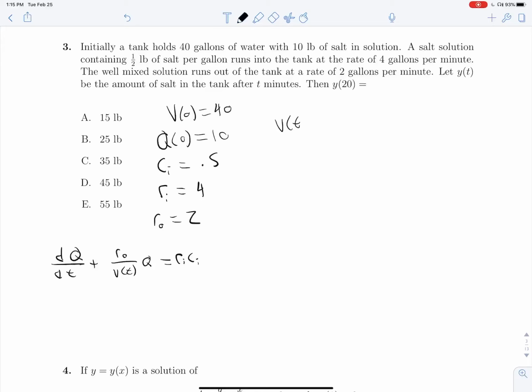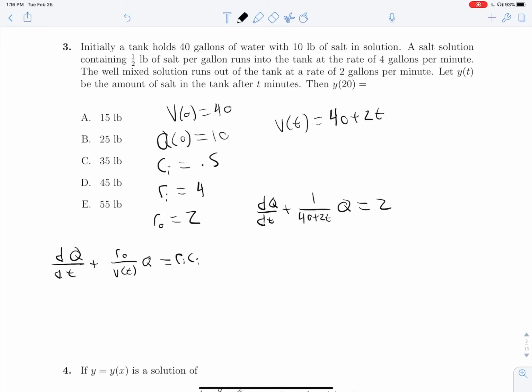So v of t is 40 plus 2t, because for every unit increase in t, we're going to gain 4 gallons and lose 2, so that's a net gain of 2 gallons. We're left with dq dt plus RO, which is 2 over 40 plus 2t, multiplied by q is RICI, which is 4 times 0.5, or just 2.